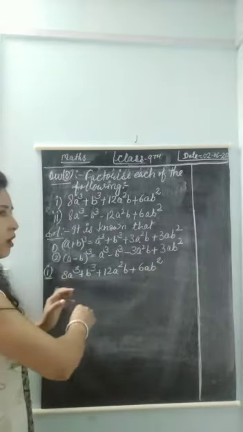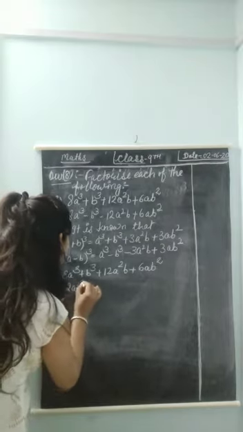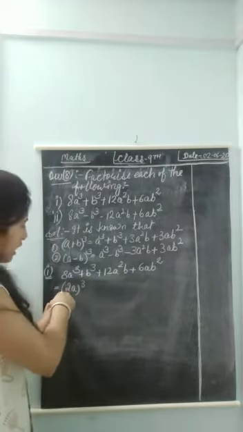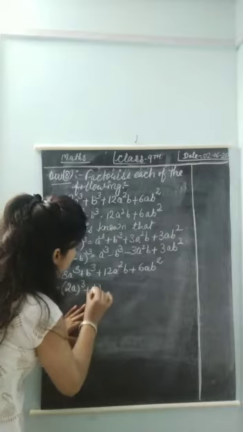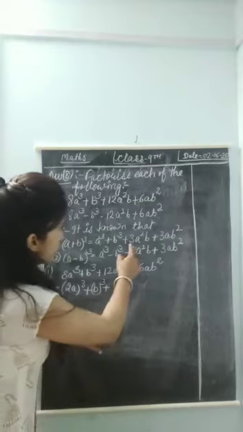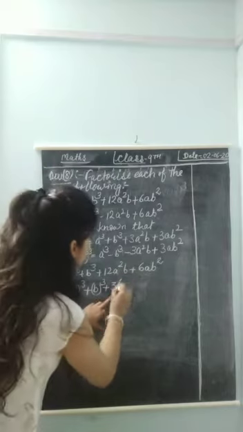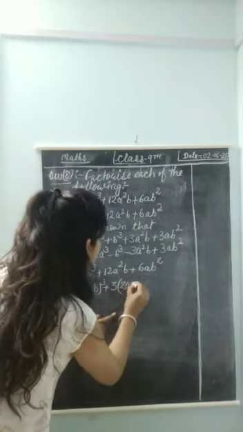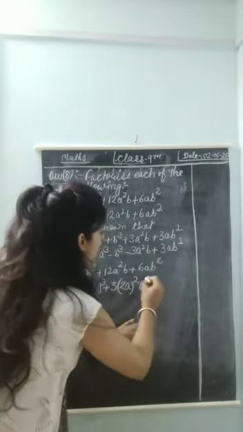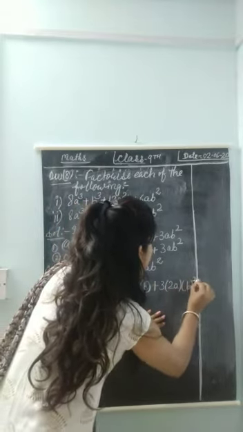Let's start the first part: 8a cube plus b cube plus 12a square b plus 6ab square. We have to factorize it. You can write 8a cube as (2a) cube, because when we multiply 2a three times we get 8a cube. Then b cube as it is, plus we take 3 common in the 12 term: 3 into a square into b, where the value of a is 2a, and 3 into 2a into b square.